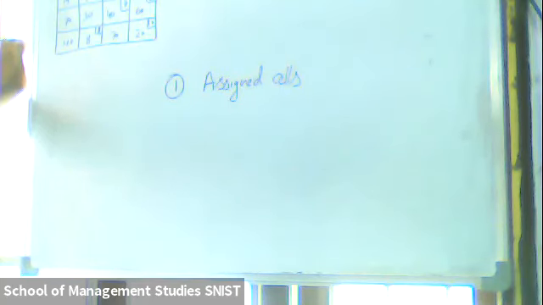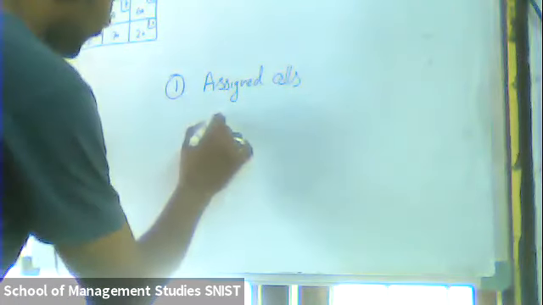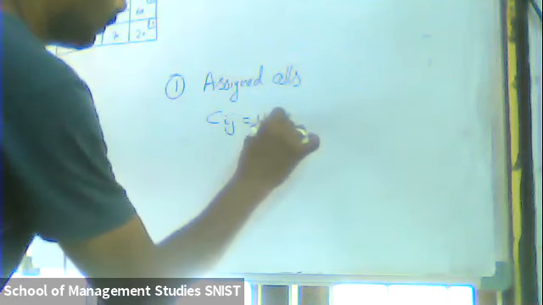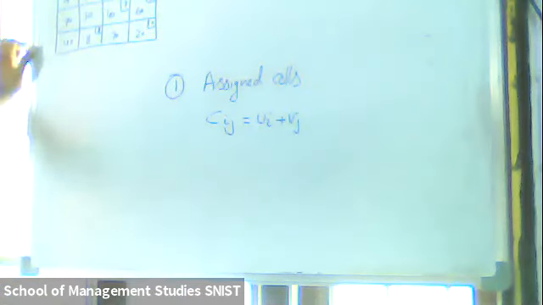How to calculate these assigned cells values? Cij equals Ui plus Vj. Okay, clear?